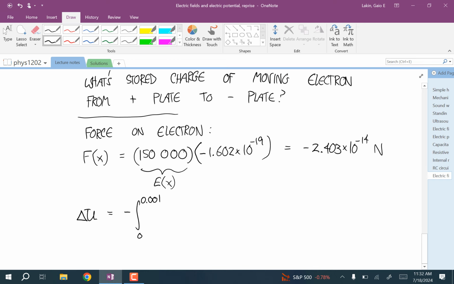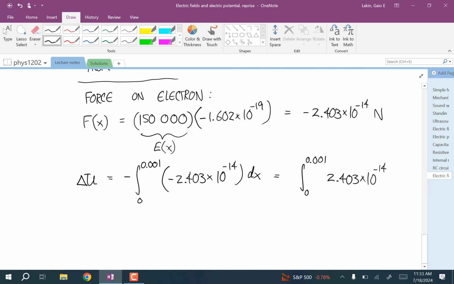And the force is negative 2.403 times 10 to the minus 14 newtons, integrating with respect to x. The two negative signs cancel out, and this comes out to be the integral from 0 to 0.001 of 2.403 times 10 to the minus 14 dx.